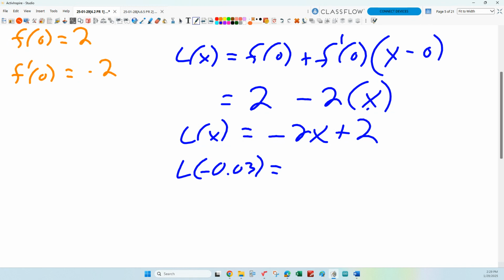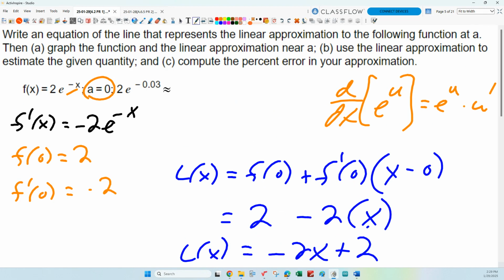Positive 0.06 plus 2, 2.06, right? Okay. So we need to know what f of negative 0.03 is in order to answer the third part, right? We've got to know what the percent error is.